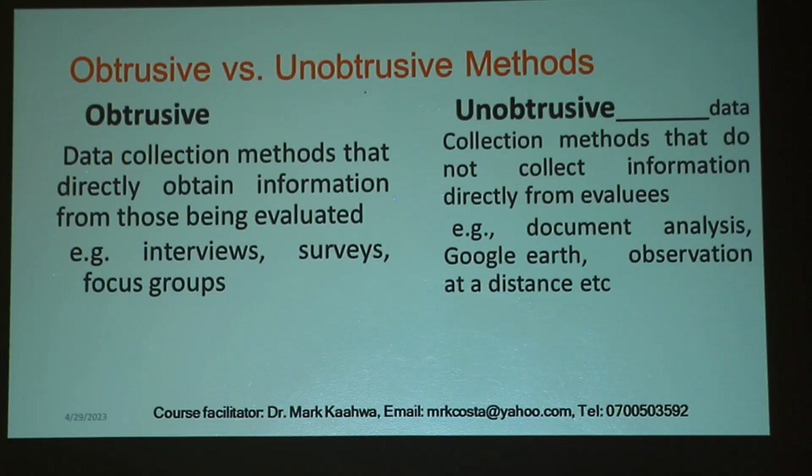Now, from documents, from observation at a distance, analysis of documents such as reports, such as magazines, such as articles, such as research proceedings, chapters in books, and then books. So that is what we call an unobtrusive method.